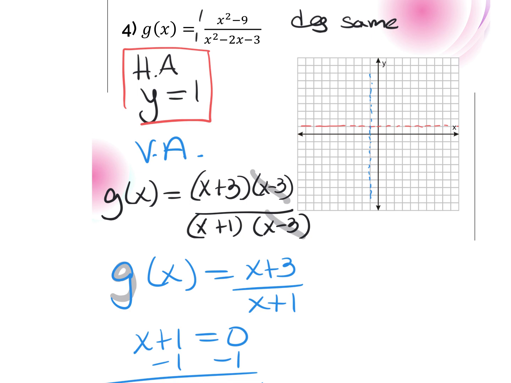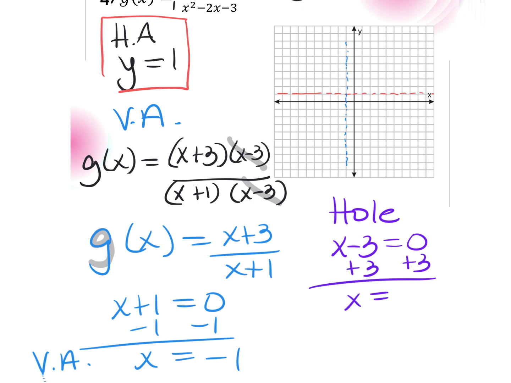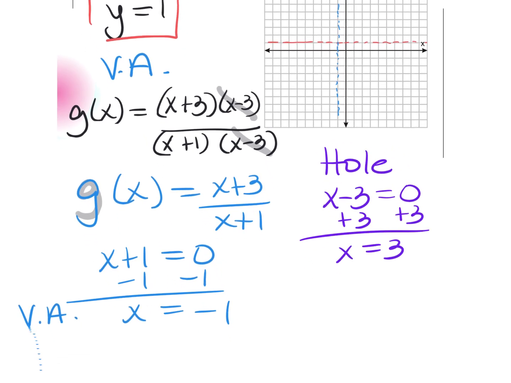Now let me go ahead and calculate my hole. I actually have a hole here, and it's located at the factor that was canceled. So x minus 3 equals 0. Add 3. This is the x of my ordered pair. Now to get the y, I take the simplified function, x plus 3 over x plus 1, and replace x with a 3.